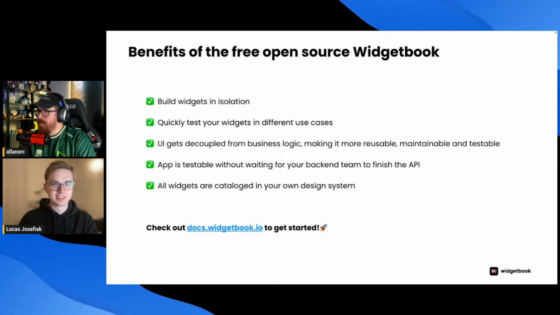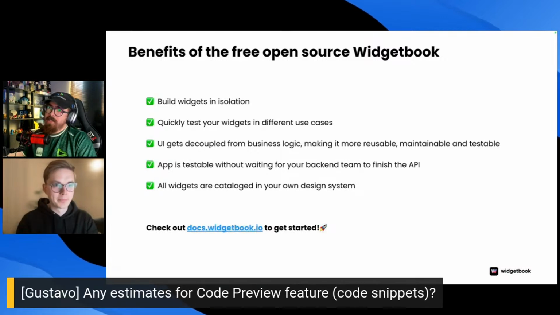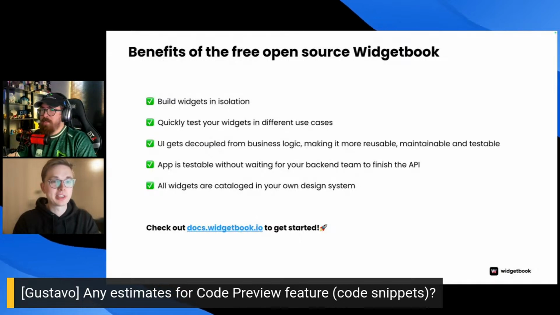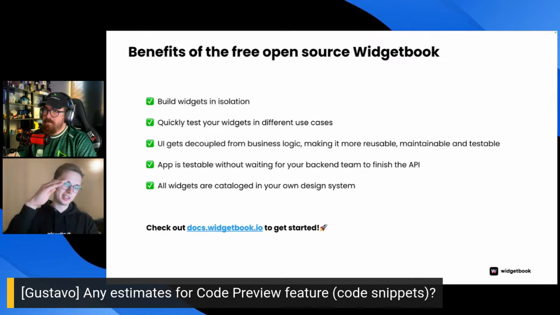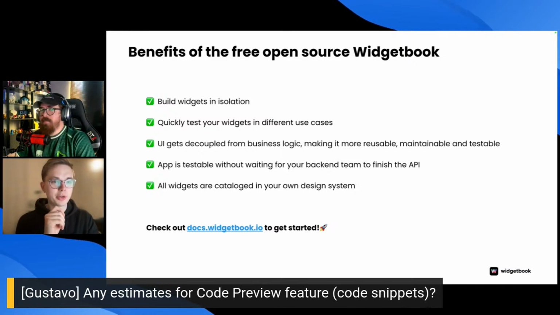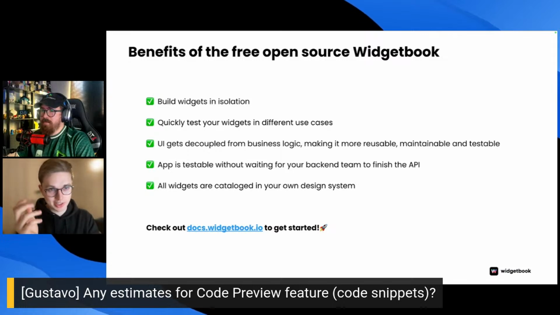The first one was from Gustavo. Gustavo said, any estimates for code preview feature, code snippets? So basically what Gustavo wants is to see the code of the widget in Widgetbook, and that is a feature that is highly requested.